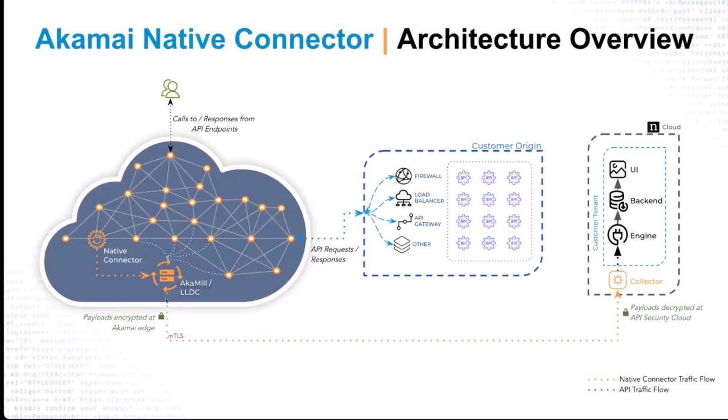Then, using mutual TLS, it sends the data to the Akamai API Security Cloud platform, where the payloads are decrypted and analyzed in memory, meaning there is no data stored locally in the machine, but everything is being analyzed in memory. And all the incidents and findings are being passed to the backend and presented to the customers in the user interface.